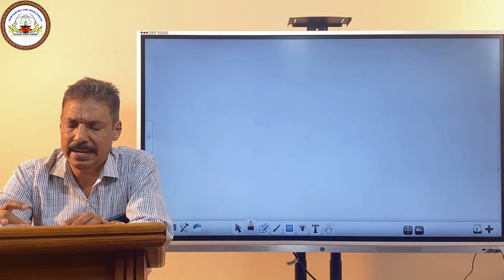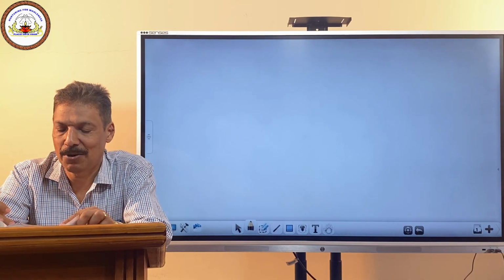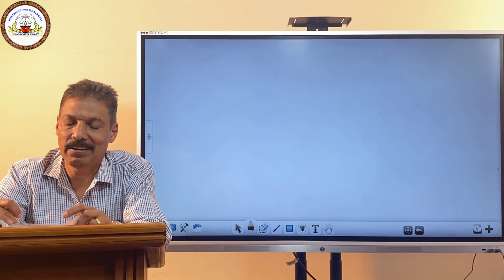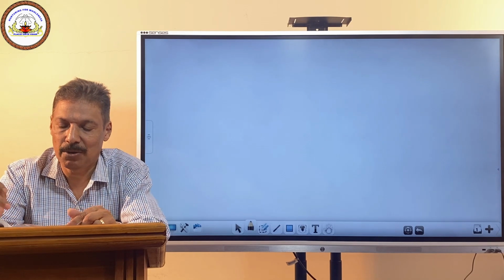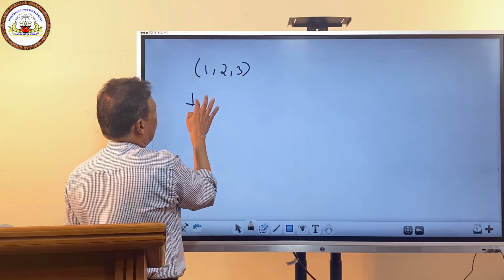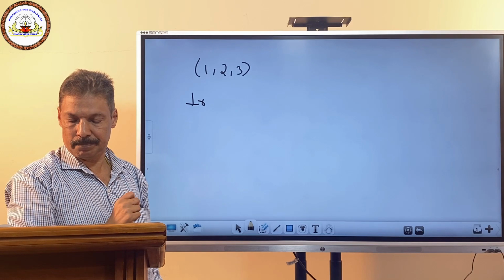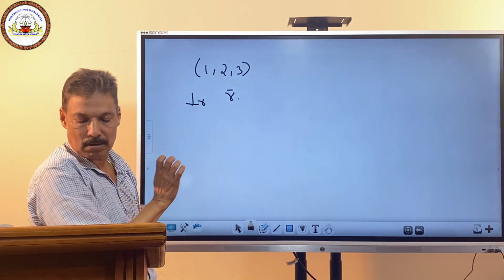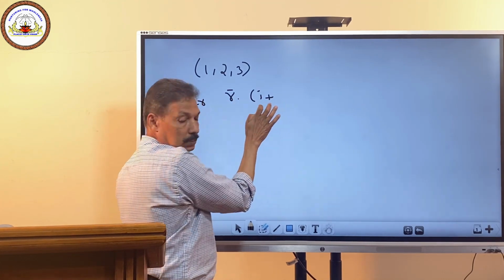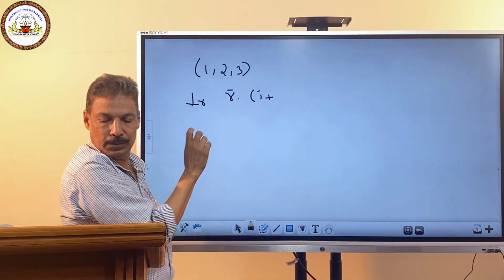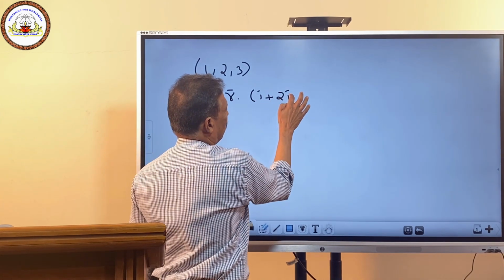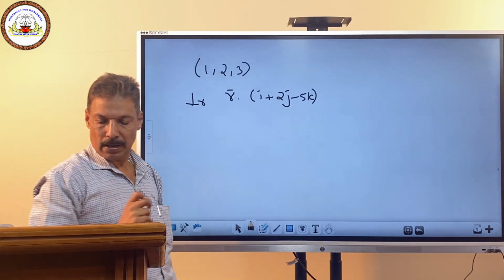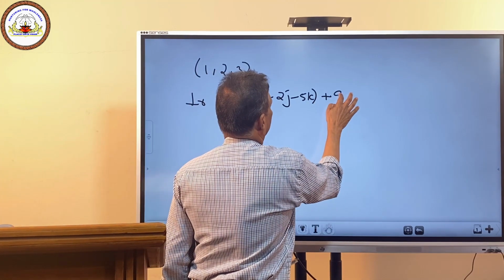Find the equation of the line passing through (1, 2, 3) and perpendicular to the plane r dot (i + 2j - 5k) + 9 = 0.